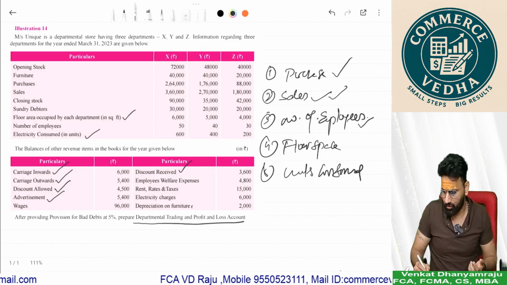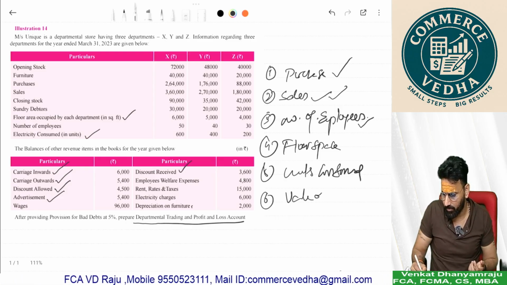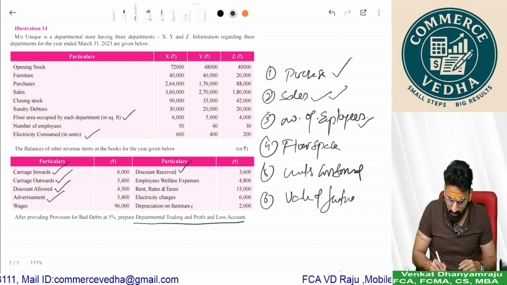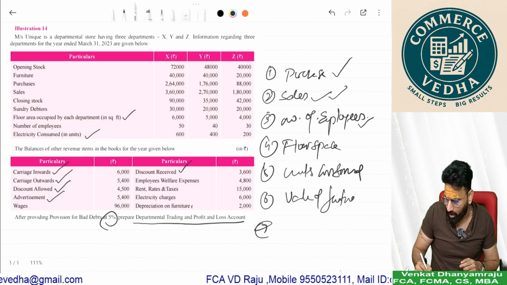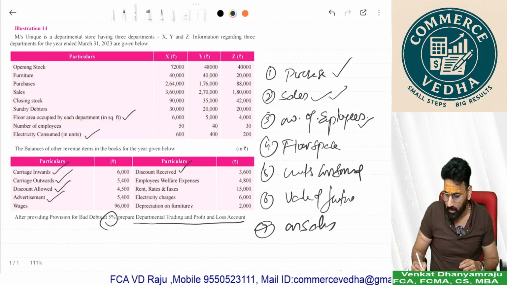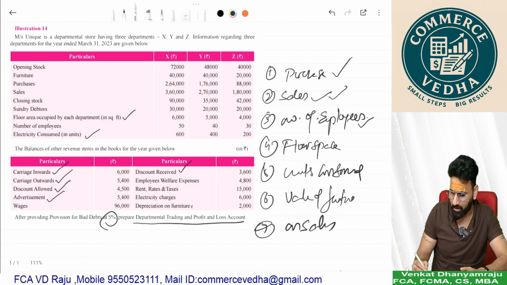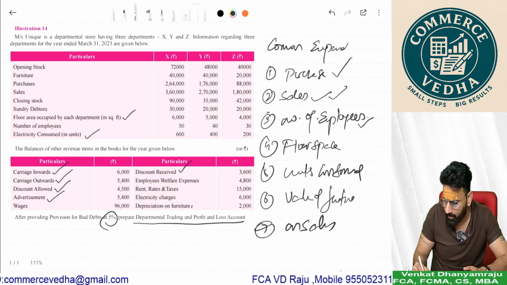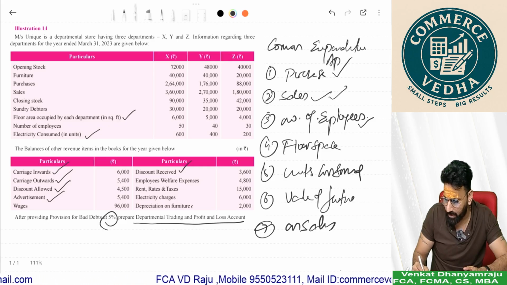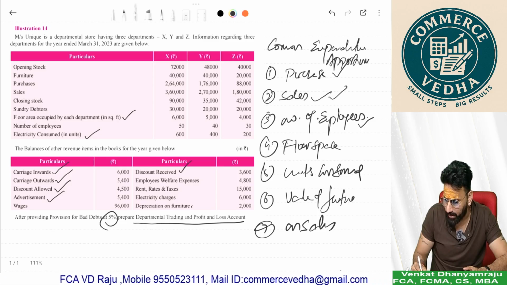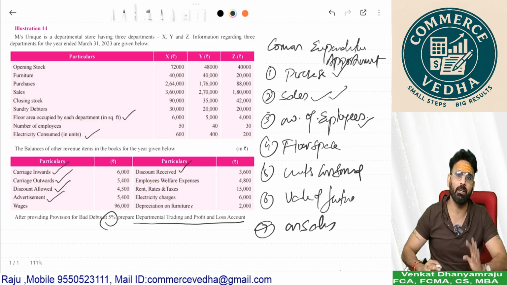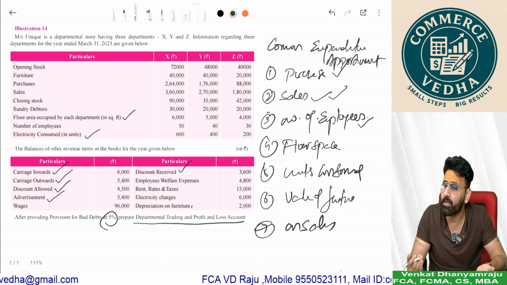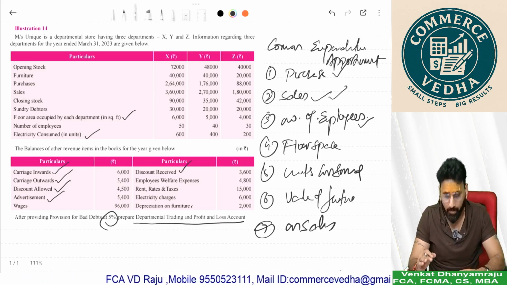Depreciation on furniture should be on the value of furniture, because depreciation is on the value of furniture. Bad debts are again on sales. So the important task here is common expenditure apportionment between all the departments. This is the basic thing for this question, and then you can simply compute the trading and P&L account.